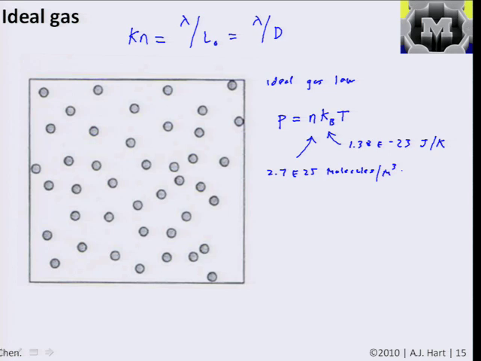So if we assume that we have a cubic meter of molecules, and we stop time and look at the positions of all the molecules and calculate the average spacing between them, then we have a mean molecular spacing, which we're going to call delta, approximately equal to 1 over the cube root of the number density, which is approximately 3 times 10 to the minus 9 meters, or 3 nanometers.